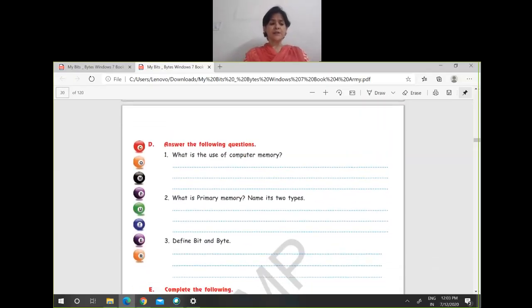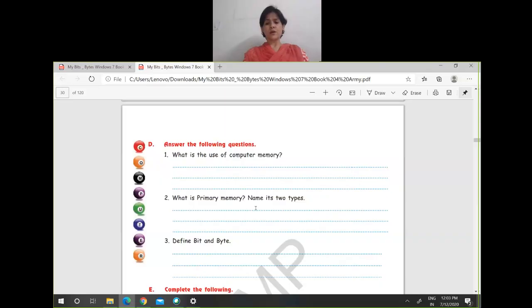What is the use of computer memory? A computer memory is used to store instructions that are to be executed by the processor, the data, and the results produced after the processing. Next is what is primary memory and name its two types. Primary memory is also called the main memory, and a computer can process the data that is in the main memory.